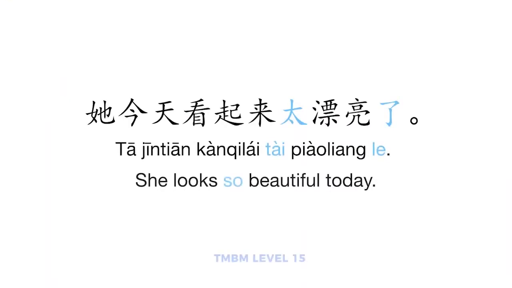Now next we have this sentence, 她今天看起来太漂亮了. And this sentence uses 太, which means too, T-O-O. And like many things in language, you'll sometimes mean it literally, and you'll sometimes mean it metaphorically or hyperbolically. So in this sentence, I doubt that the speaker thinks that this woman is literally too beautiful.